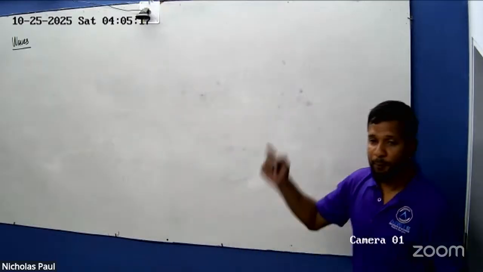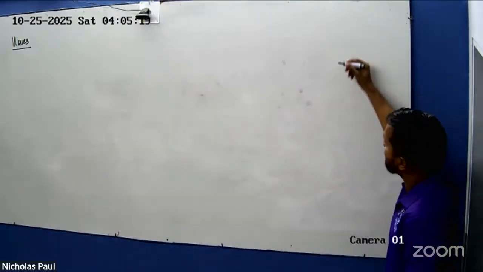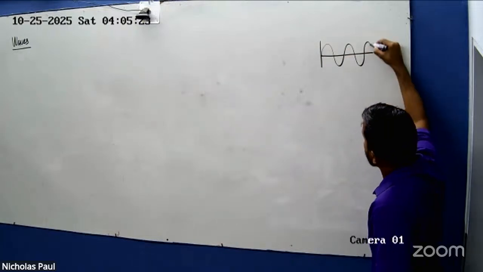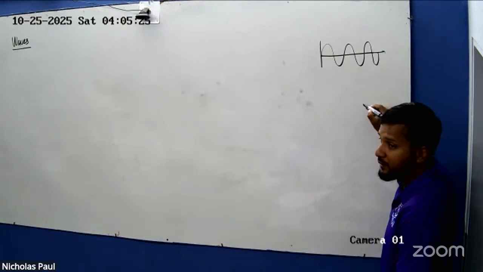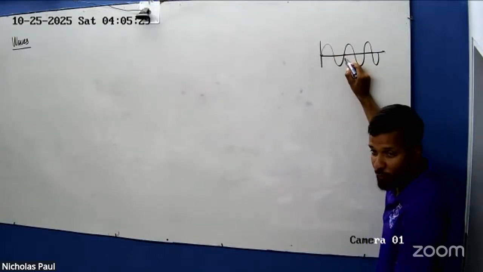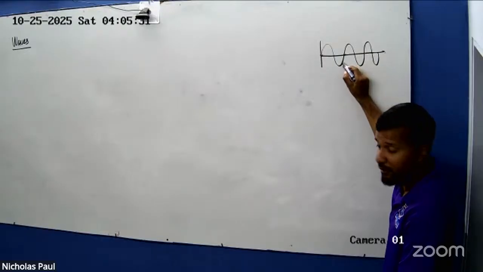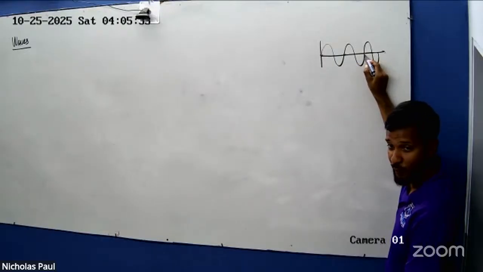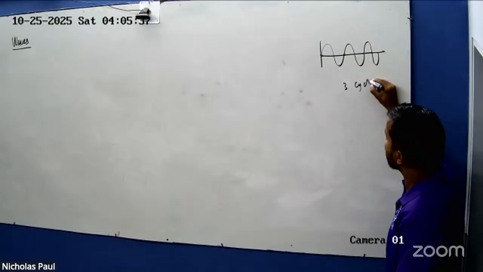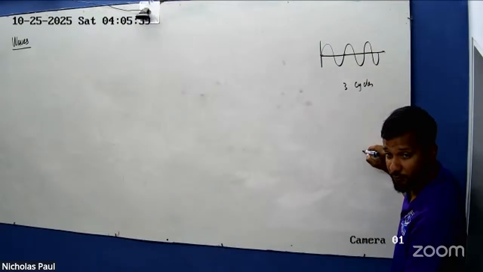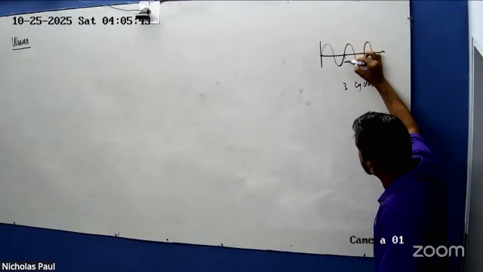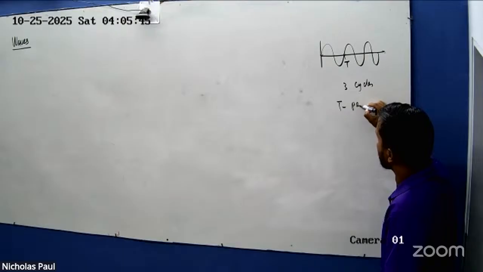Before I go to the official notes, I was trying to draw something like this. One of the waves looks something like this. I was trying to show you that from here to here, that's one cycle of the wave. Here to here, that's the next cycle. Here to here, that's the next cycle. So here we have 3 cycles. The time it takes for one of these cycles to be produced, we call that period.